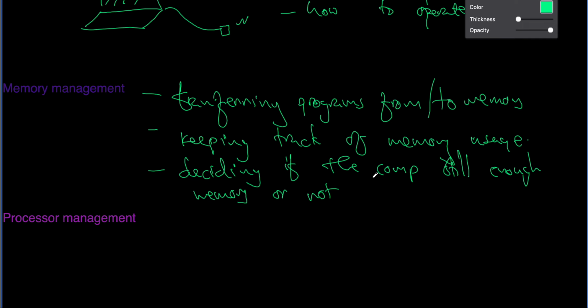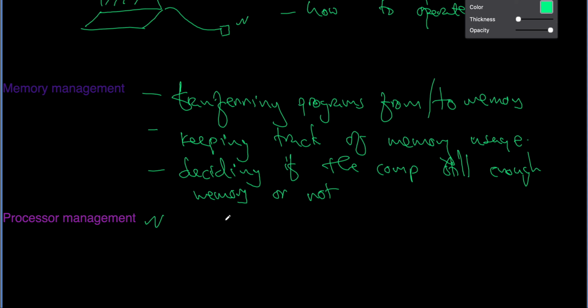I would love to believe that whenever you're using your computer, you're not using it for only one thing. Sometimes you might be playing music whilst you are surfing the net, or playing music whilst you're playing a game, which means you're doing quite a number of tasks at the very same time. So it is again the operating system that is responsible for allocating memory and CPU time when programs are executing.